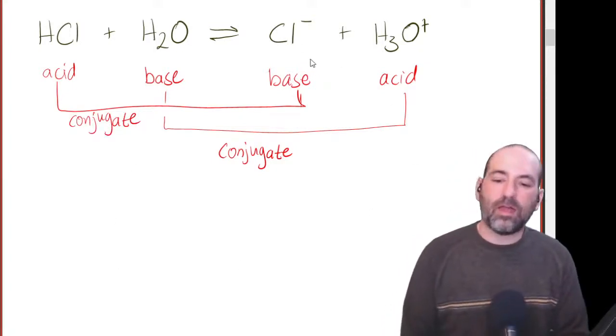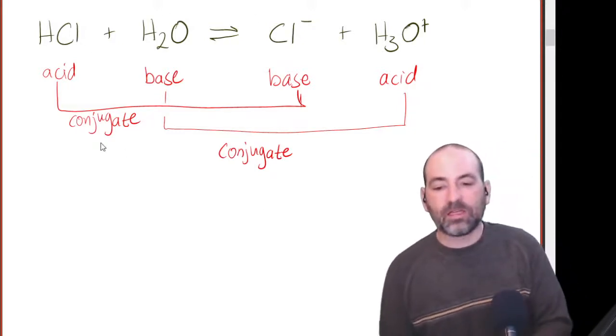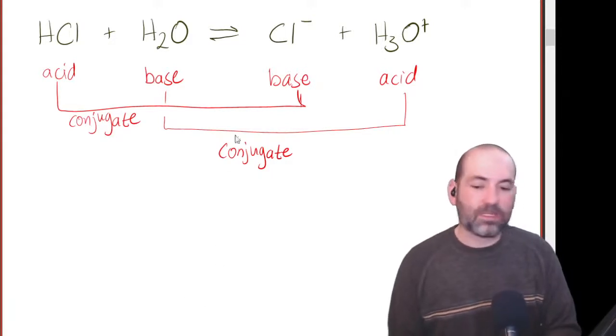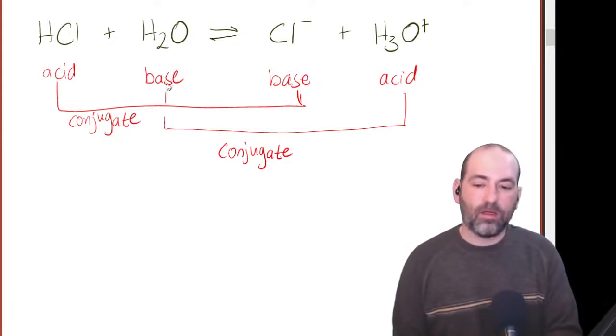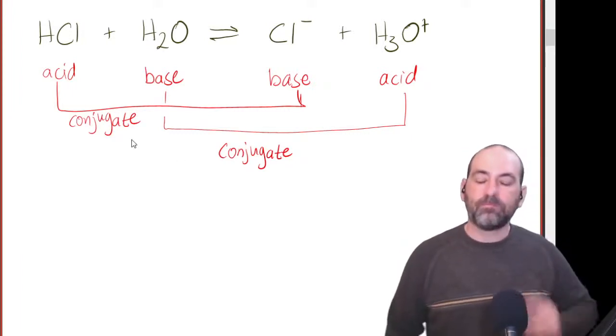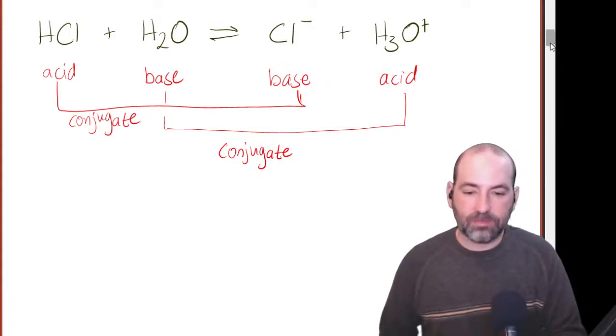So we would say that chloride is the conjugate base of HCl, and HCl is the conjugate acid of chloride. We would say hydronium is the conjugate acid of water, and water is the conjugate base of hydronium. Every acid-base reaction is going to have these types of relationships. So let's look at another one.